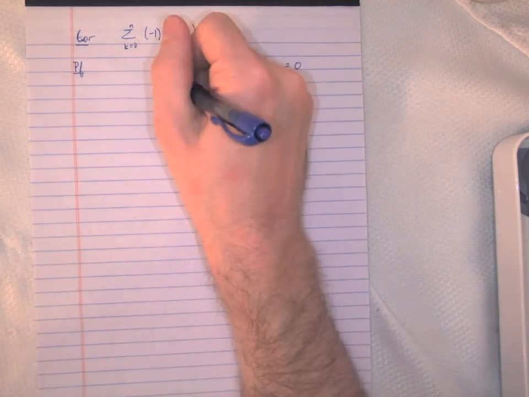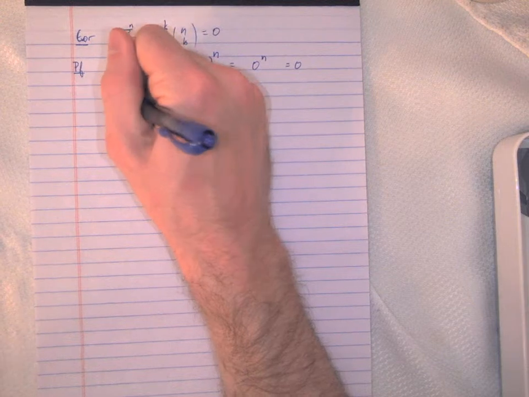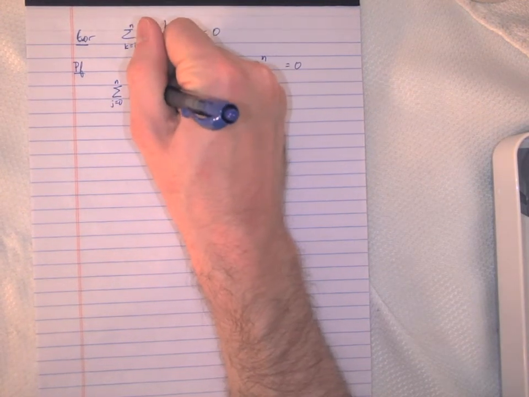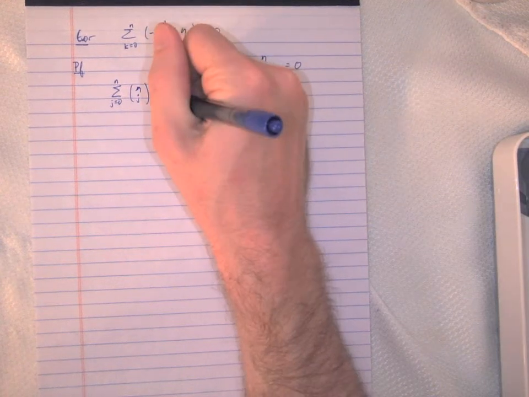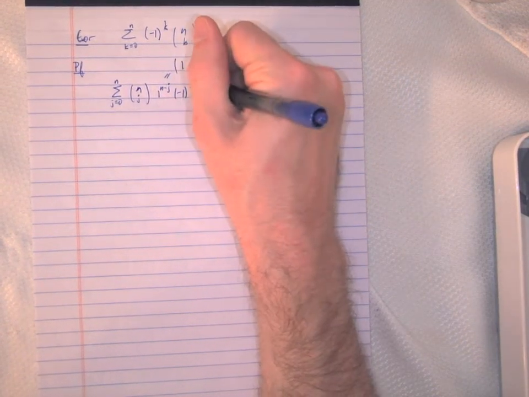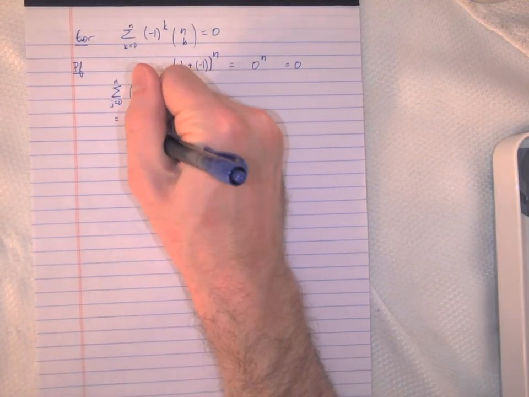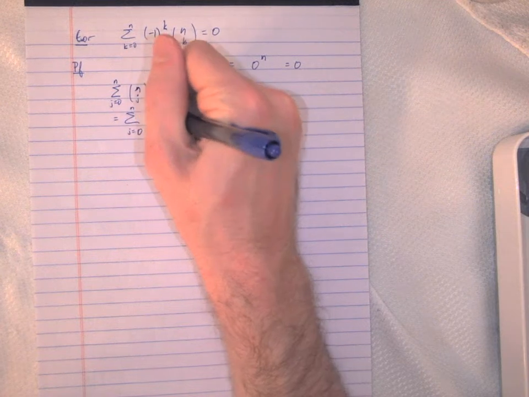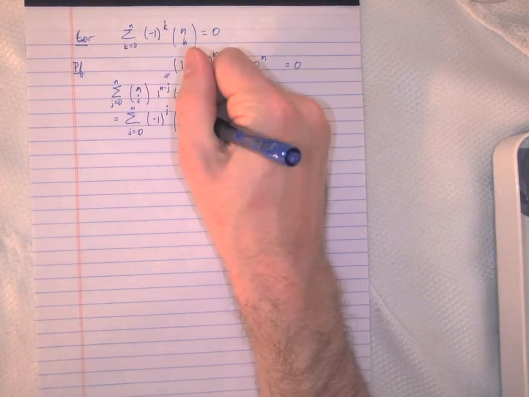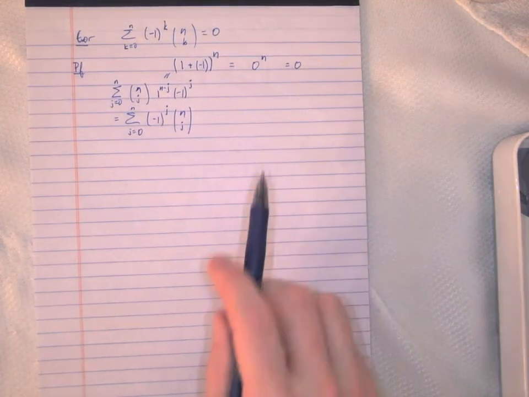But on the other hand, by the binomial theorem, (1 + (-1))^n is exactly equal to the sum from j equals 0 all the way up to n of n choose j times 1^(n-j) times (-1)^j, which is exactly equal to the sum from j equals 0 all the way up to n of (-1)^j times n choose j. So this thing is equal to this one. Okay.